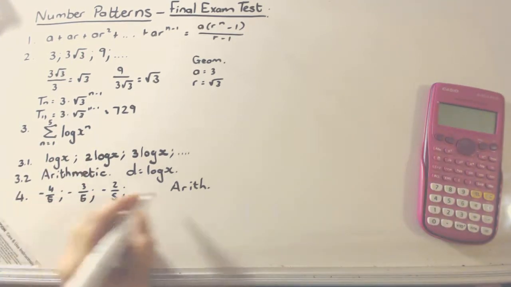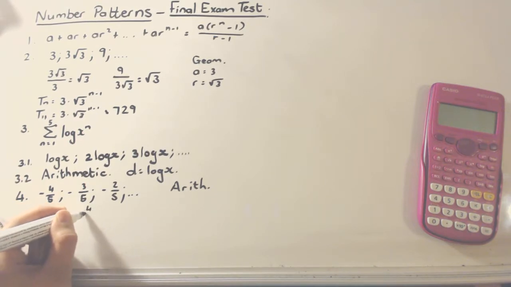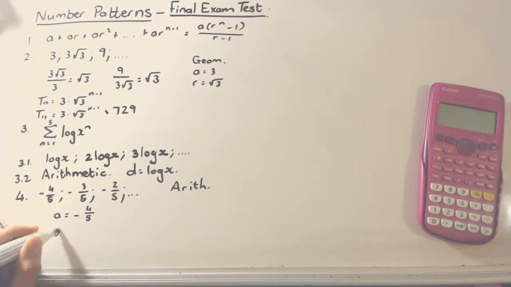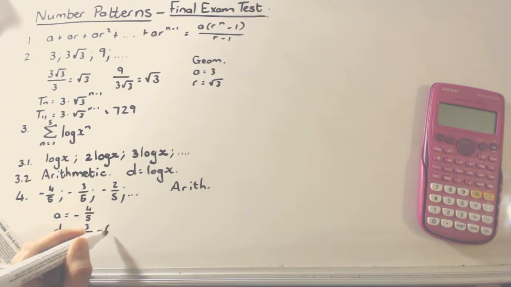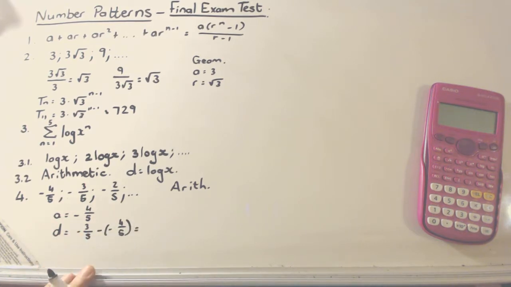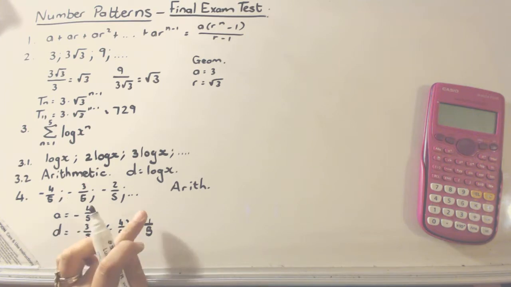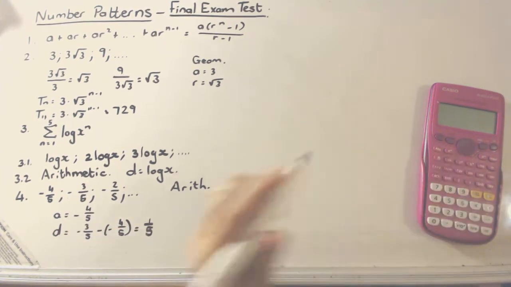Now this is an arithmetic series with a equal to minus 4 over 5 and my d value is minus 3 over 5 minus minus 4 over 5, and this is positive 1 over 5. If you're unsure, use your calculator.